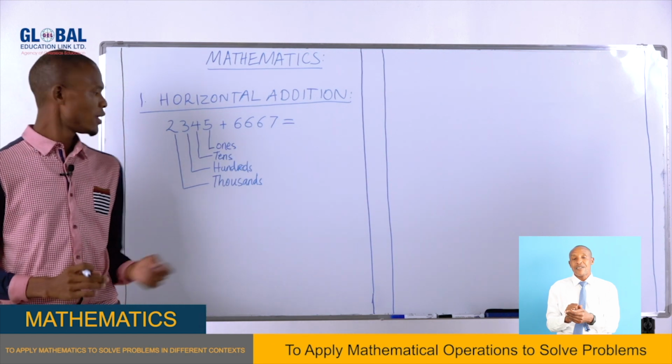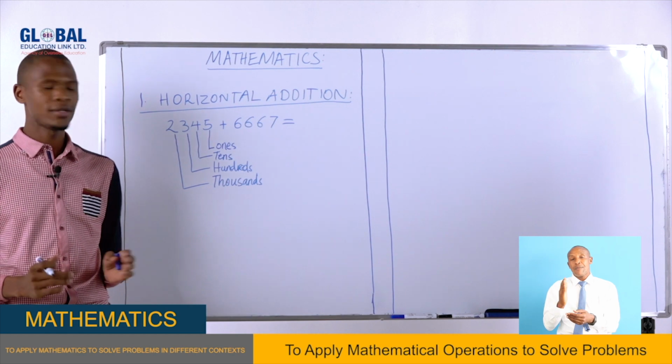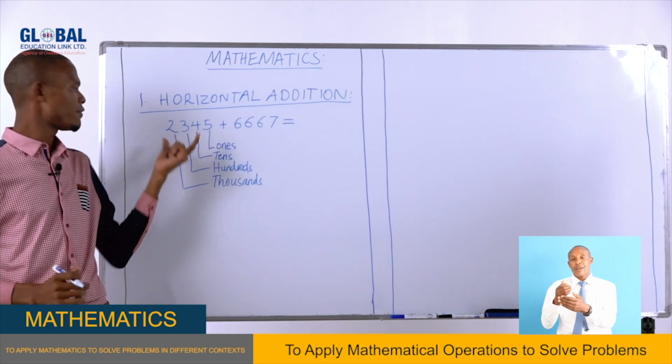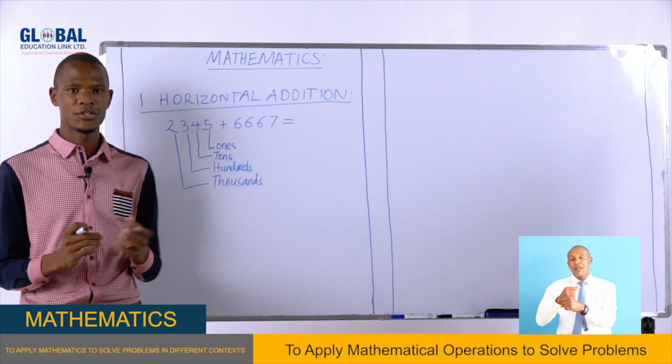Dear pupils, these are place values found in the first group of digits.